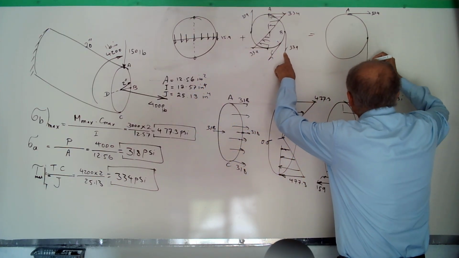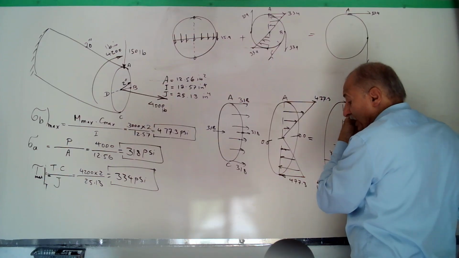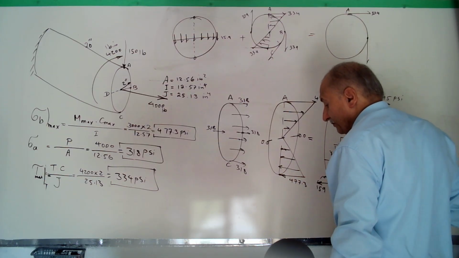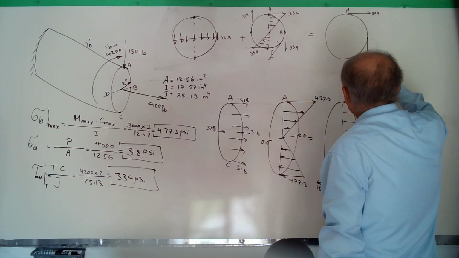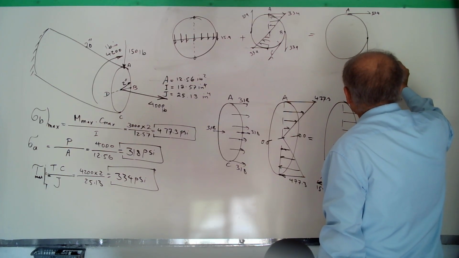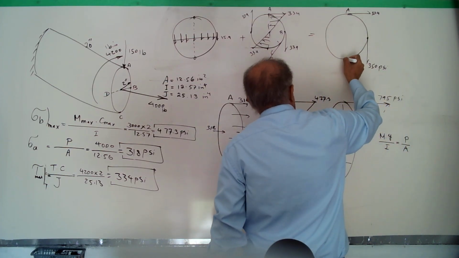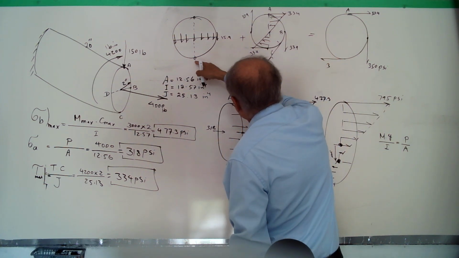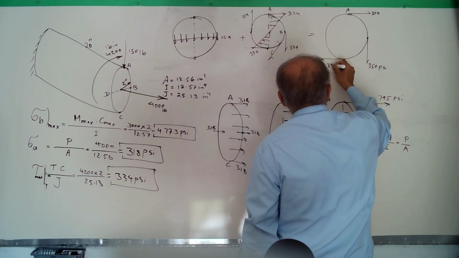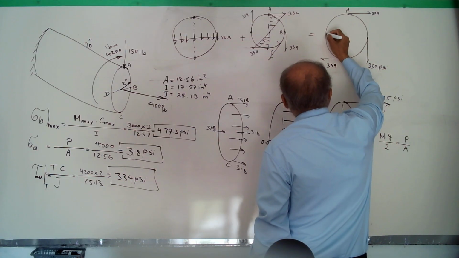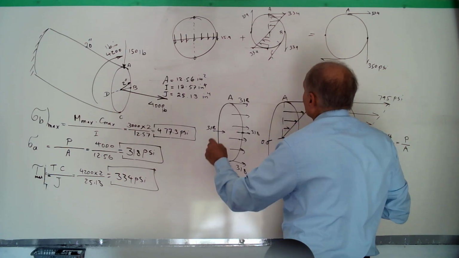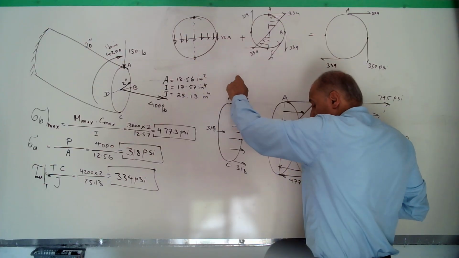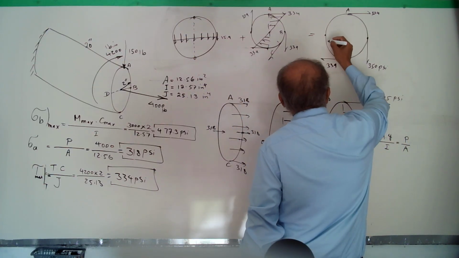We get the largest value, which is equal to 350 psi. And here it's the same because V equilibrium is 0, here is 334. And here they subtract from each other. 334 minus 50.9 is 318.